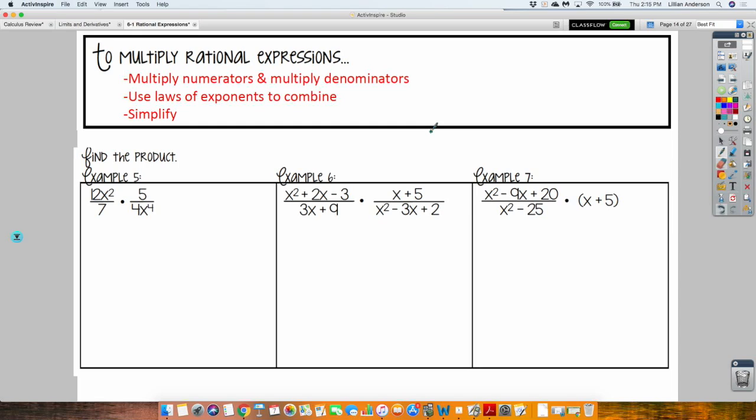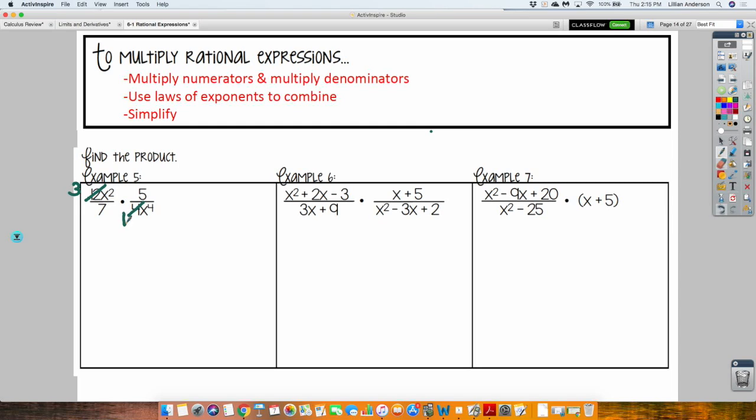If you look, you've got 12 and 4, 5 and 7. Can 12 simplify with 4? How so? 4 can go into both of these, right? 12 divided by 4 is 3. What about 4 divided by 4? 1.